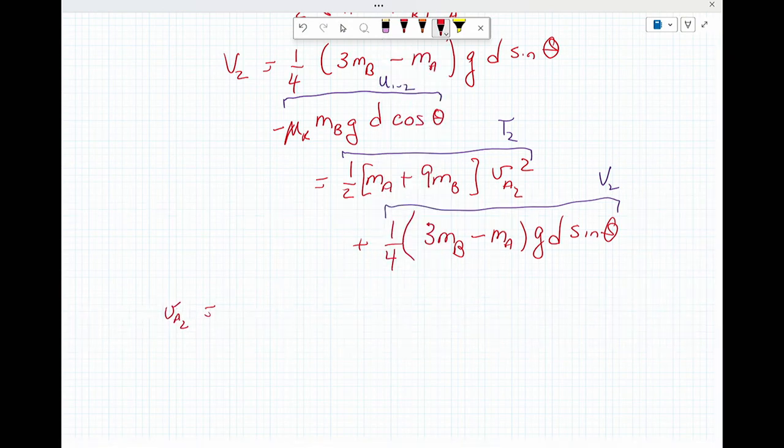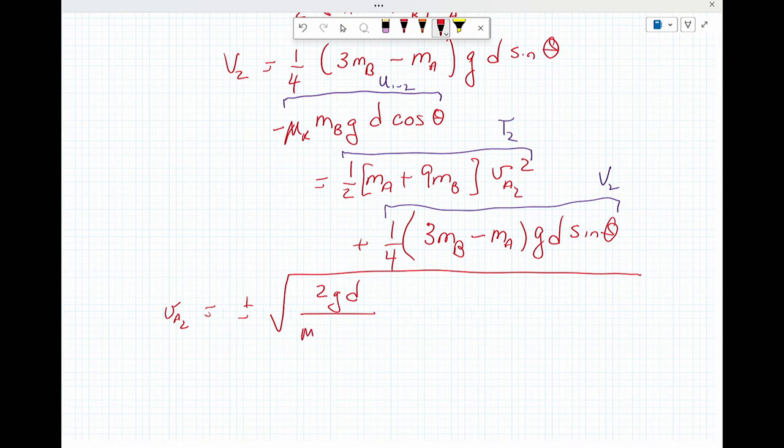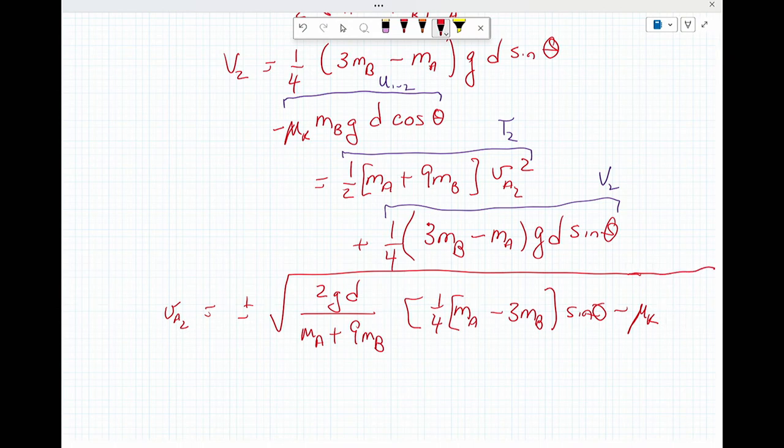VA2 is equal to plus or minus the square root of 2gd over (MA plus 9 MB) times (1/4 MA minus 3 MB) sine of theta minus mu K MB cos of theta.